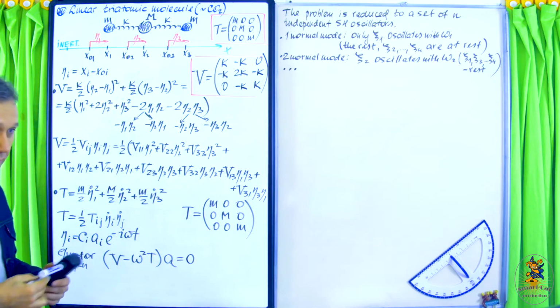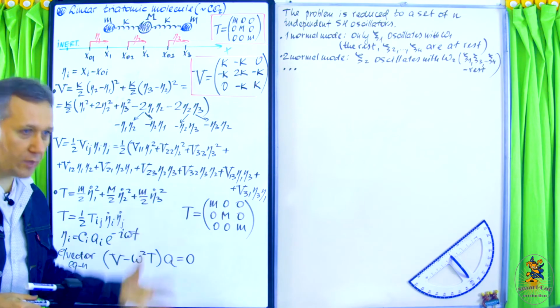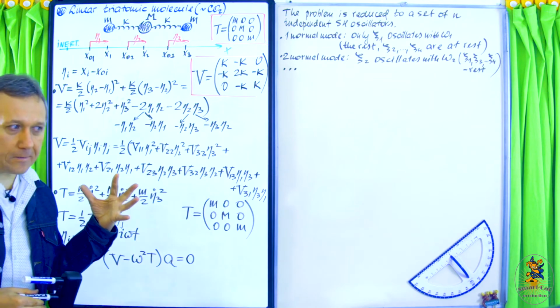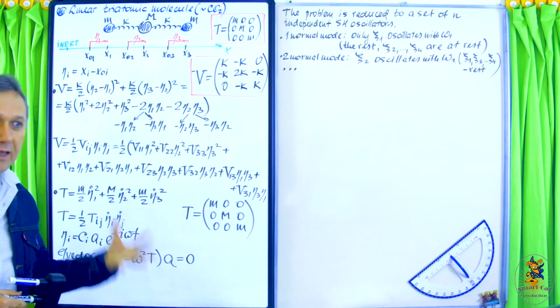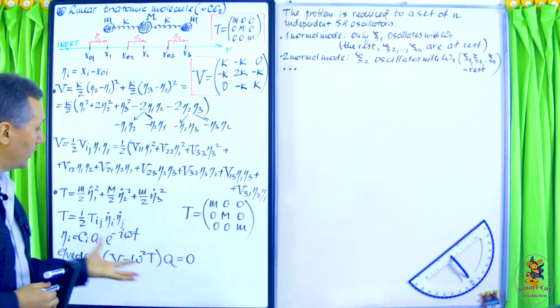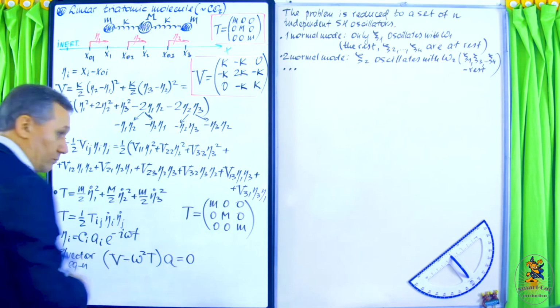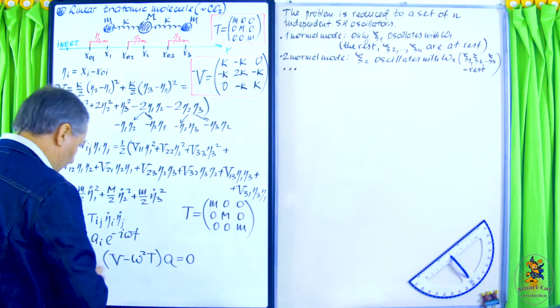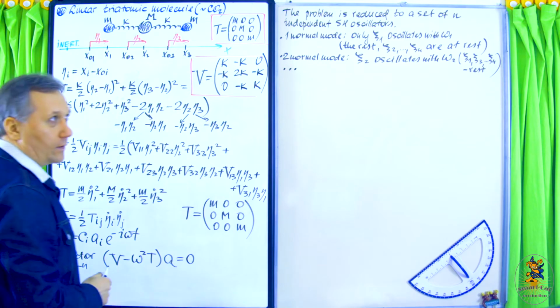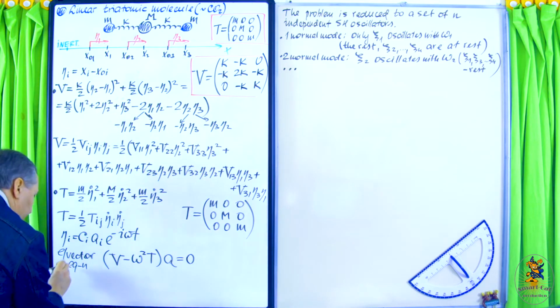And of course, this is the system of linear algebraic homogeneous equations, and a non-trivial solution is possible only when the determinant equals 0, right? So we're getting characteristic equation, or equation for eigenvalues, right?